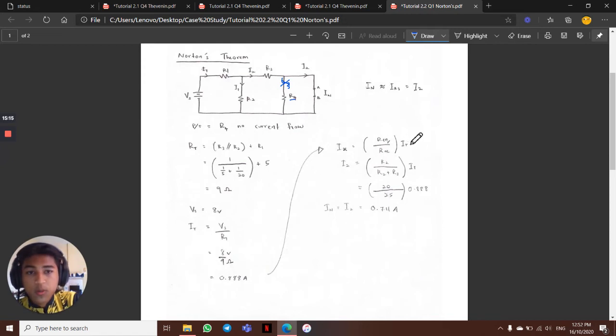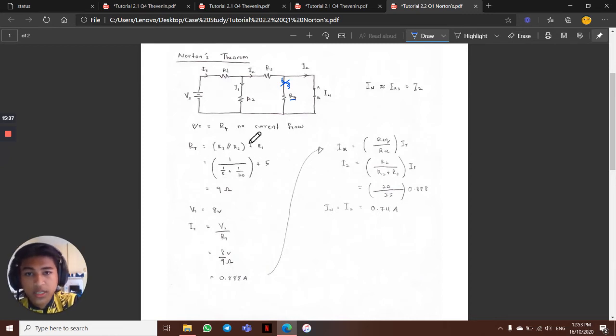Then we must calculate the IT using the formula of voltage source divided by R total, and R total we can get from the divider of R3 divided by R2 plus R1.